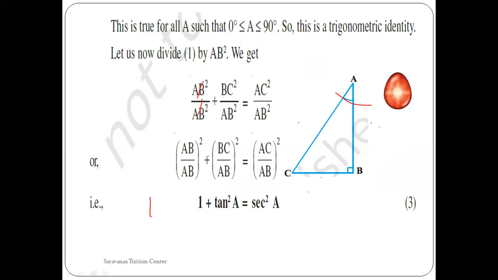Opposite by adjacent is tan, so it is tan A. As it is in the square position, you take tan square A. Then AC by AB: AC is hypotenuse, AB is adjacent. Hypotenuse by adjacent is secant. So as it is in the square position, we take secant square A. So this is how we derive the second identity.